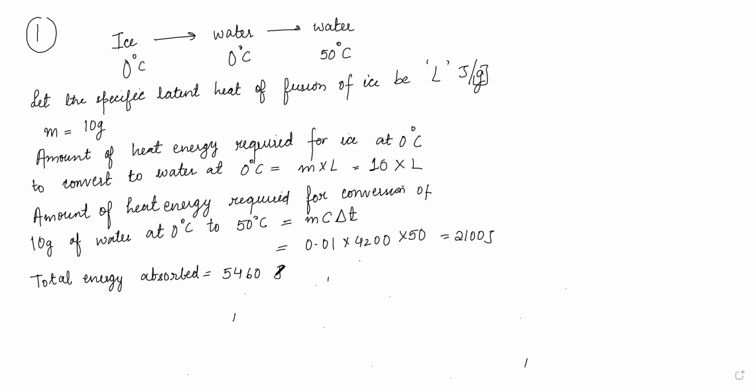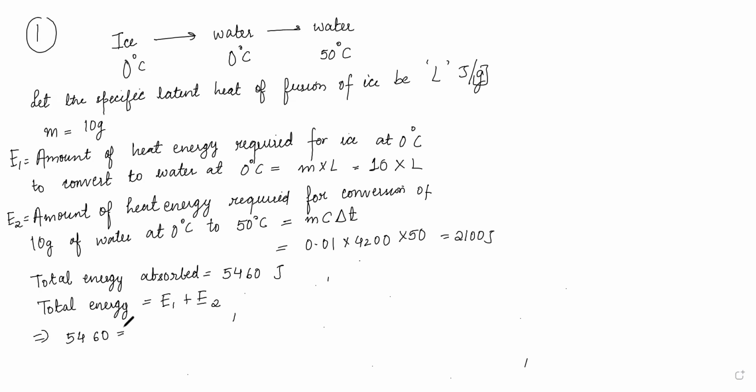So next, the total energy, you can write this as E1 and this as E2, so that you don't have to write the entire things again, is equal to E1 plus E2. So this implies the total energy, which is 5460, is equal to how much?